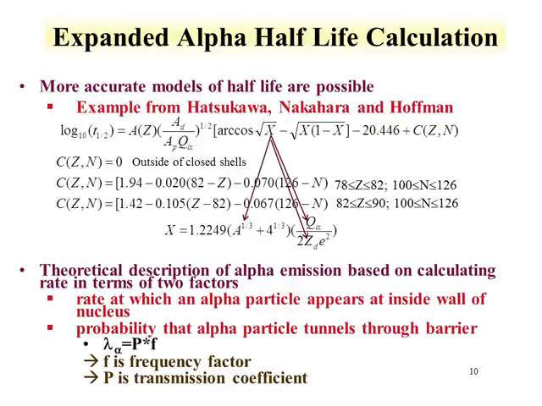So one theoretical description that can be used to try to universalize how alpha decay occurs is to break up the alpha decay into two factors. One factor is a rate at which an alpha particle appears inside the nucleus. In other words, in order for the alpha particle to escape the nucleus, it has to be there in the first place. So we can call that factor the frequency factor.